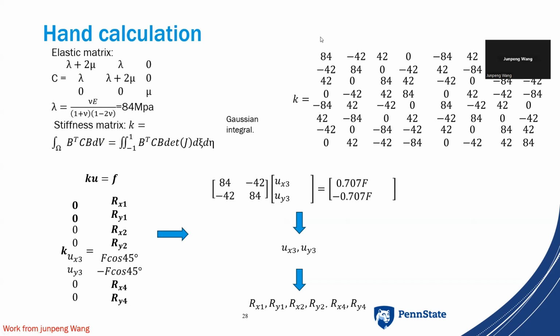After we acquire the stiffness matrix, we can use the matrix relationship, stiffness multiplied by displacement equals force. Based on that, we can now get the force of the 4 points and the displacement of the points that were impacted by the ball.